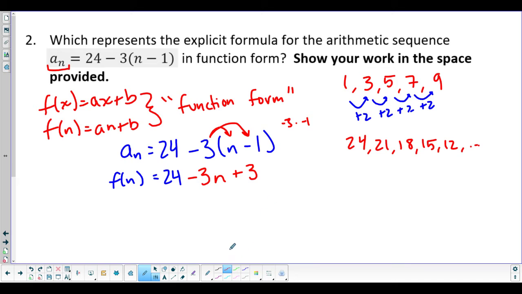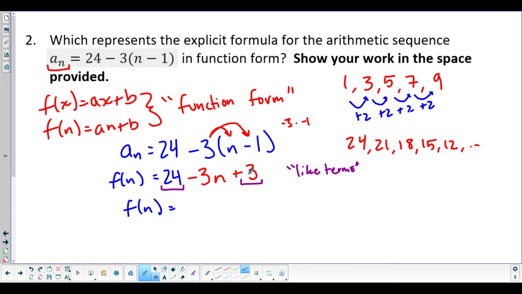And really what I have here is this type of function, just with one little step I have to do. If I want to make this as neat as possible, I have to realize that 24 and 3 are like terms. They are terms that have no variable attached to them, which means I can combine them. So 24 plus 3 is 27.